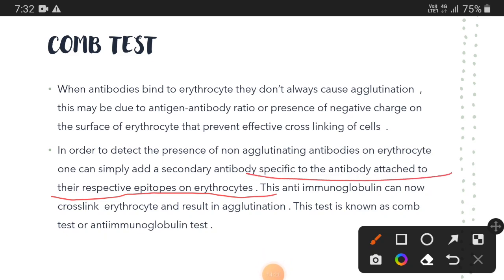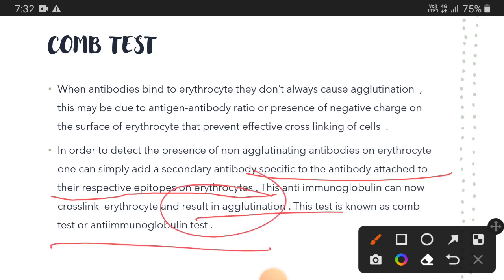So whenever those secondary antibodies bind with the Fc portion of primary antibodies, they not only detect the non-agglutinating antibodies, but they can also facilitate agglutination by cross-linking erythrocytes. So this type of test is known as Coombs test or anti-immunoglobulin test.